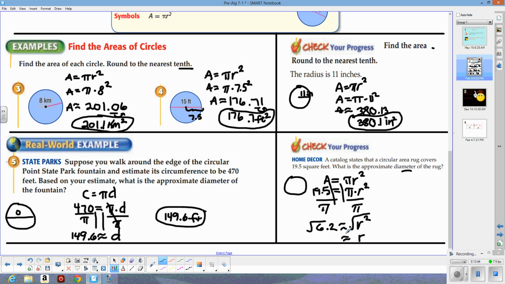So square root of about 6.2. That's going to equal about 2.5 when you round it to the nearest tenth. And that's the radius. So the diameter is going to equal the radius times 2. So the diameter is going to equal 2 times 2.5, which is going to be about 5. It's going to be about 5 feet.